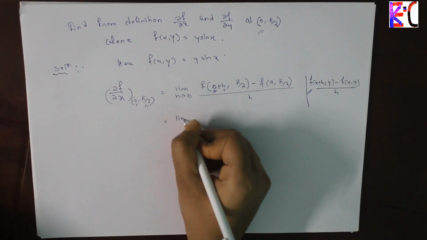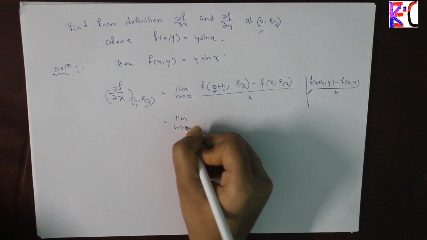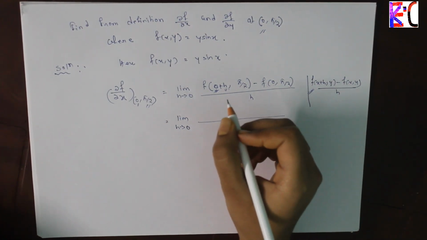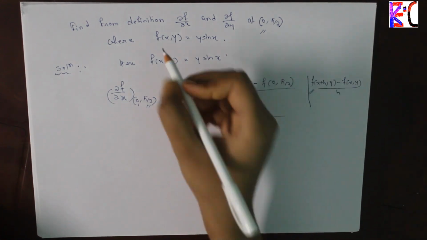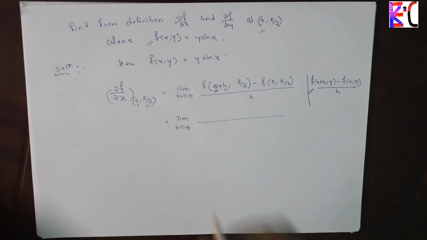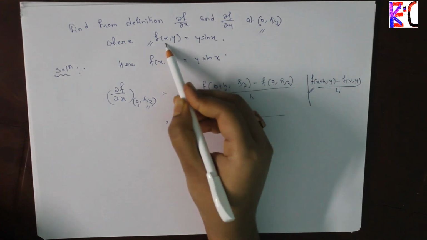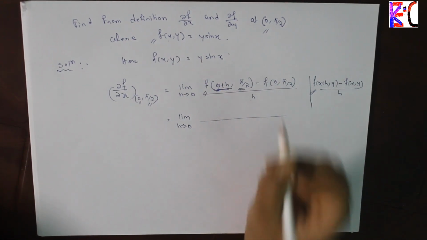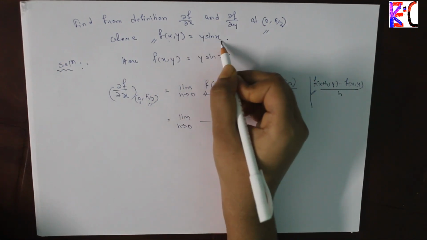Next, limit h tends to 0. Comparing this function and this function, here x equals this term and y equals this term, and f of x, y equals y sin x.